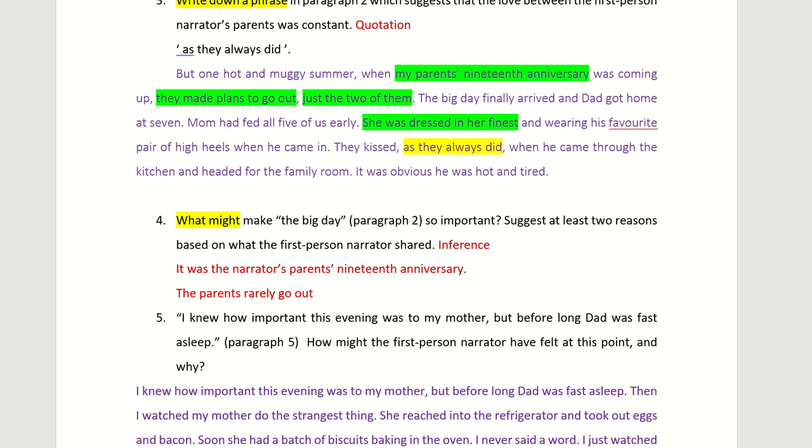So the parents rarely go out, and they made plans to go out, just the two of them, which is as a couple.